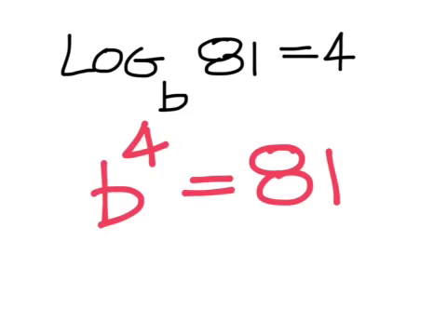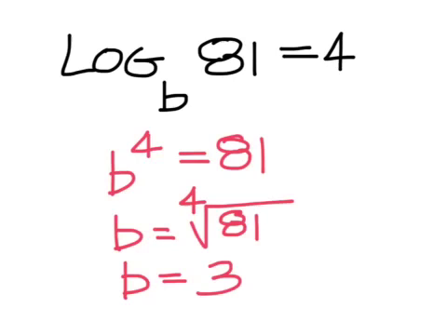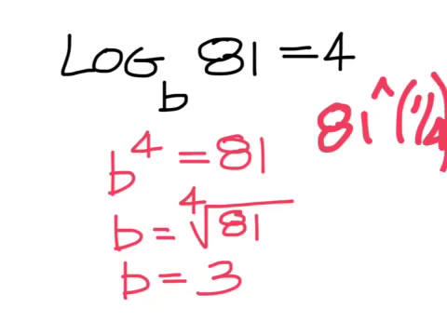Or in this case, you can actually do a quartic root and come up with 3. To undo b to the 4th, you need the 4th root of 81. To put in the 4th root of 81 on your calculator, you would type 81, use a caret, parenthesis, 1 divided by 4, and then another parenthesis, and you can come back with 3.